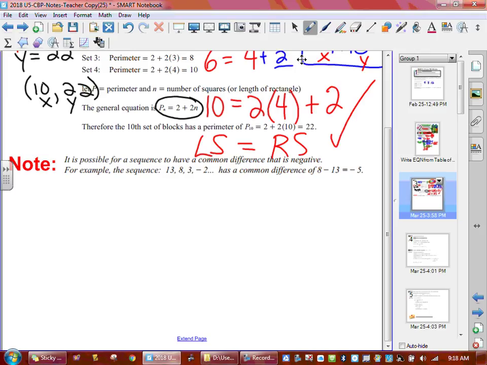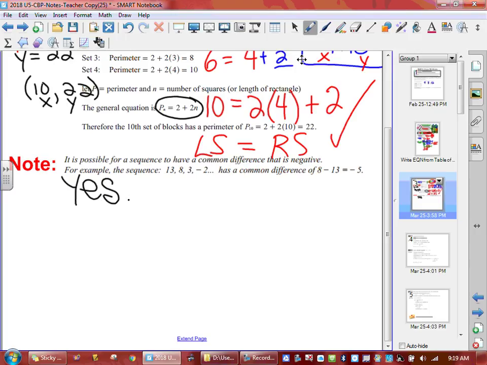So I can go 100, 95, 90, 85, 80, 75, 70, and all I'm doing is subtracting 5 every time. So yes, you can have a common difference, absolutely. So the answer to this guy is yes, you can. Okay, yes, we can have a possibility of that.